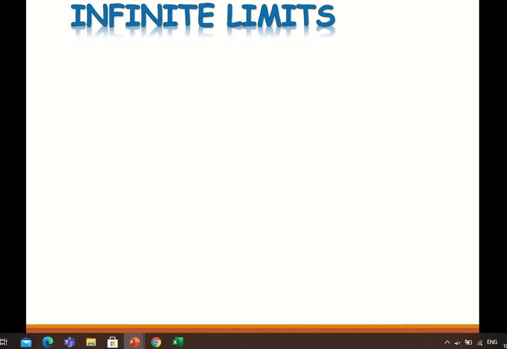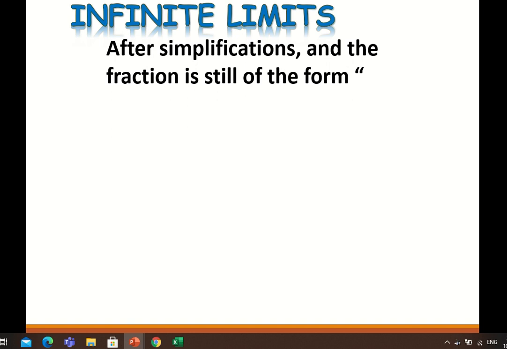Okay, so next. Sometimes you're dealing with fractions or rational expressions or rational functions. After simplification, the fraction is still of the form something divided by 0. So any number or any expression divided by 0.